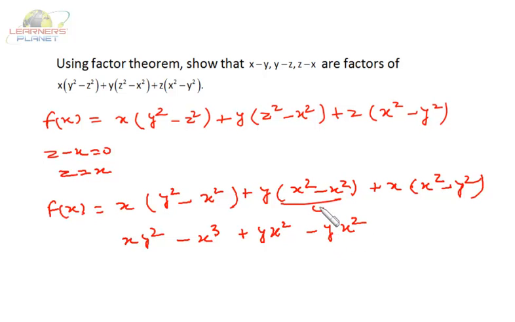I'm sorry, it will be 0. And then it's x cube minus x y square. So it's cancelled and it's cancelled. So further we are getting 0. That means even z minus x is a factor of f of x. So we can say x minus y, y minus z, z minus x, all of them are factors of this f of x. I hope you are clear.